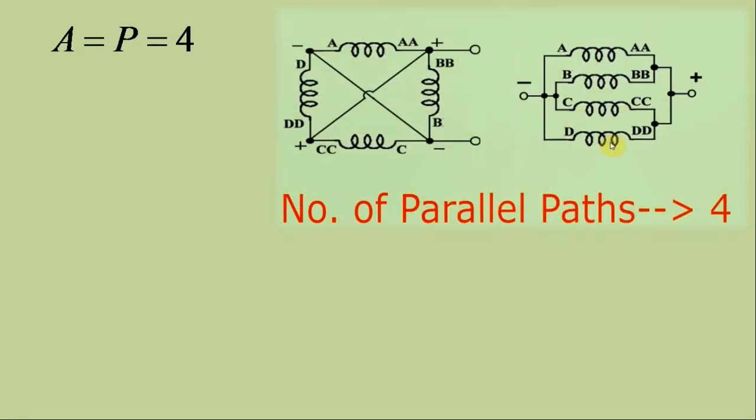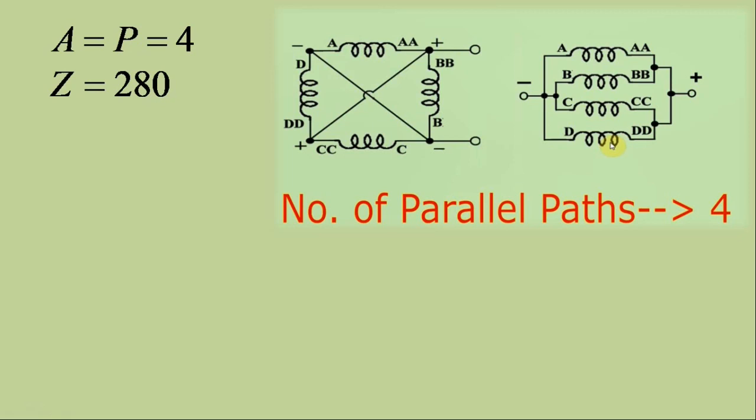Therefore, A is equal to 4. Now, as can be noticed from the illustration, the voltage generated by a DC generator would be equal to the voltage across any parallel path. So, we have to find the voltage across a parallel path only. Here, the number of conductors is equal to 280.